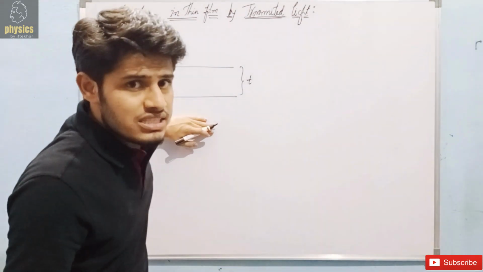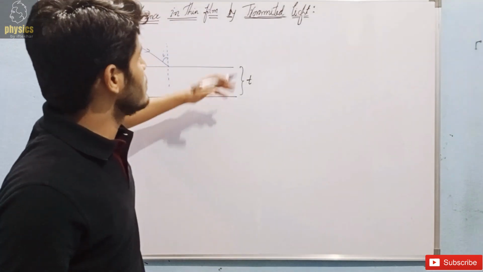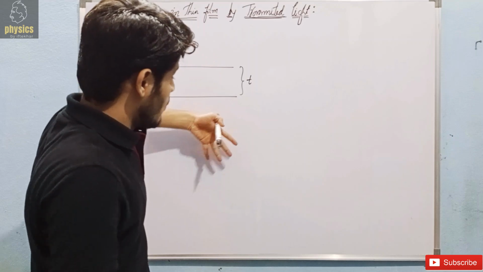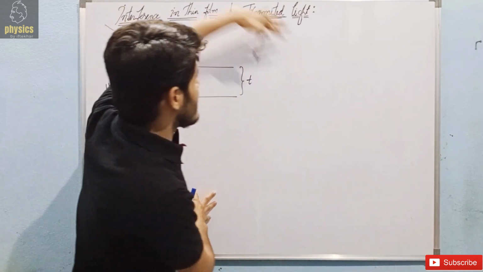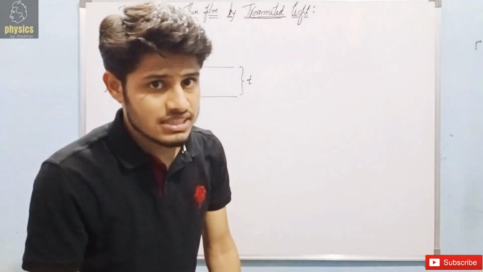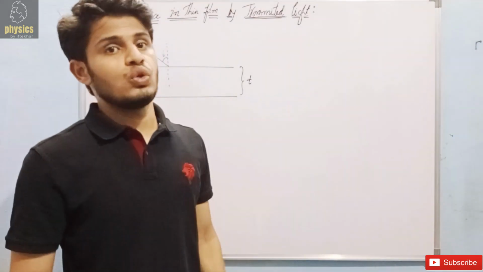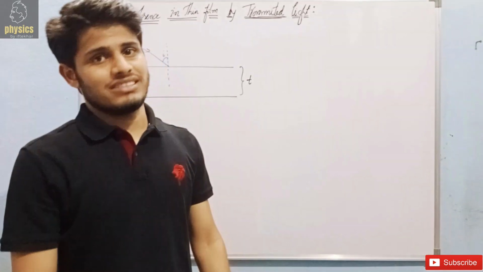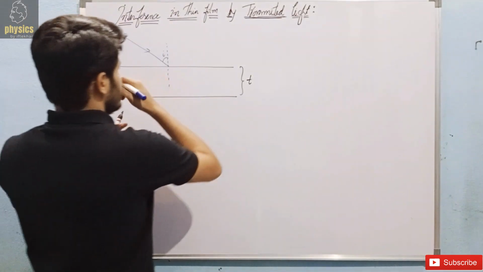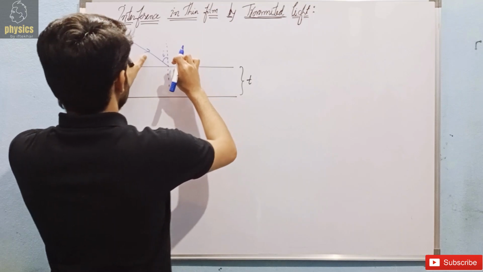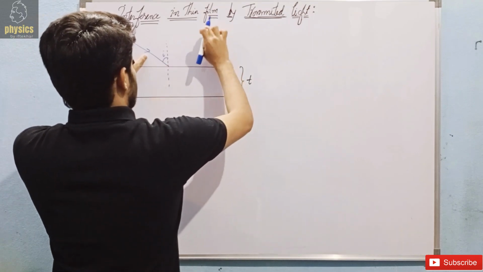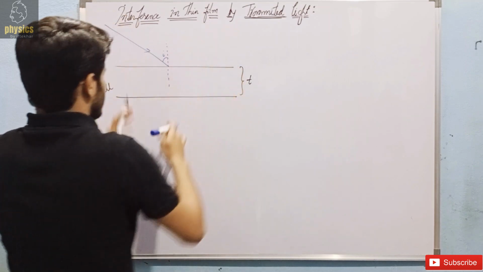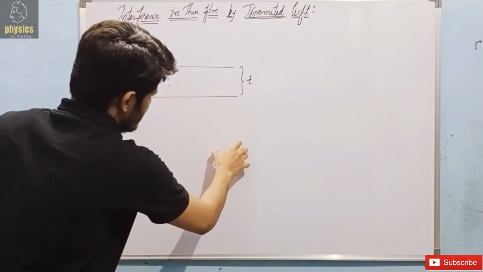What is the difference between the interference due to the reflected lights and the interference due to the transmitted light? Are they exactly the same or is there any difference? We will be focusing on those things. Part of this incident light ray will get reflected, but I'm not interested in that part, so I won't be drawing it. Directly I will be focusing on the transmitted part.